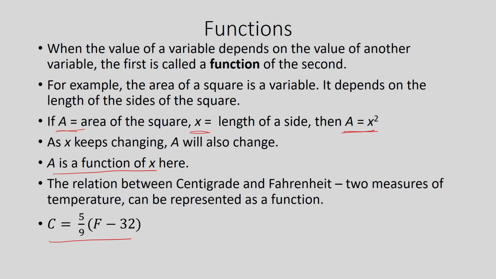So, here both C and F are measuring the temperature of any place, let us suppose, and as F goes on changing, then C will also go on changing by obeying this rule. So, in that sense we can say that C is a function of F.